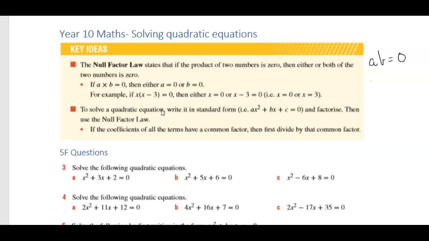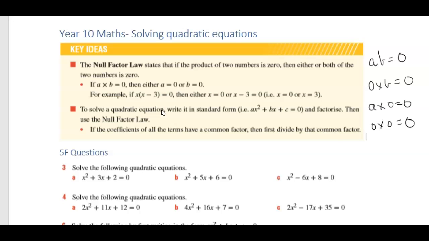So if A was 0, your whole equation is true. Or if B was 0, your equation is still true, because when you multiply any number by 0, you get 0. You can have both of them equal to 0. So that's basically what it means.